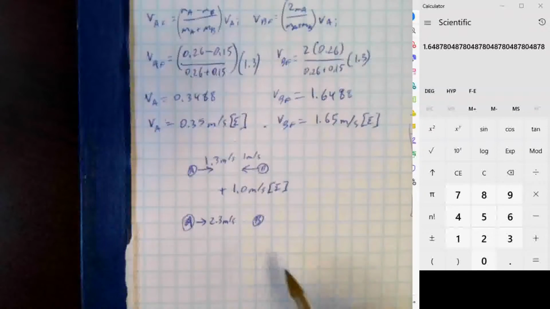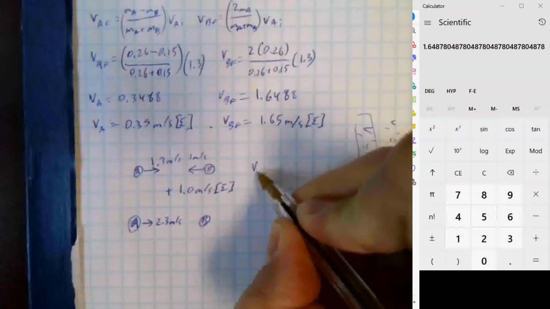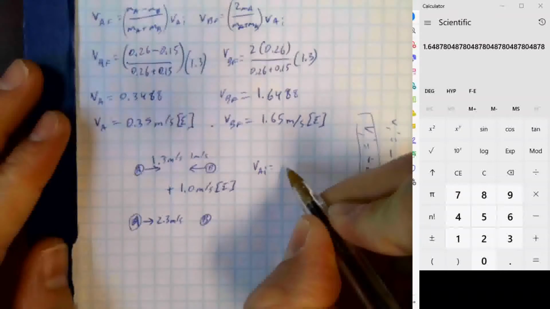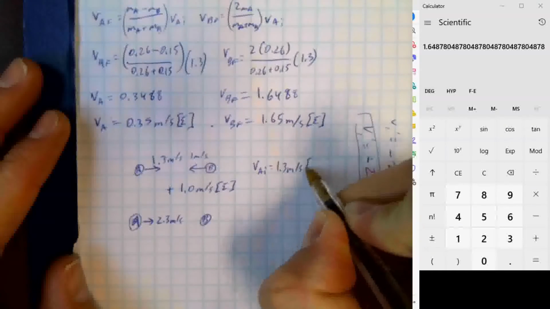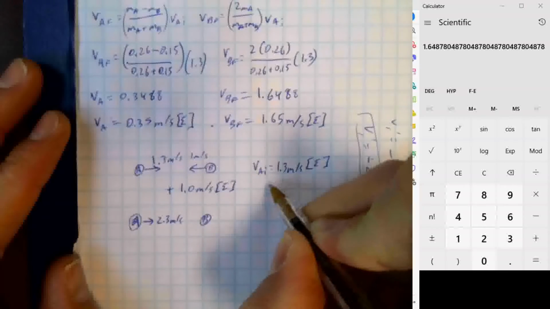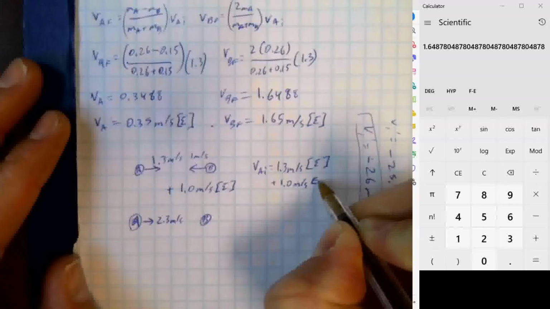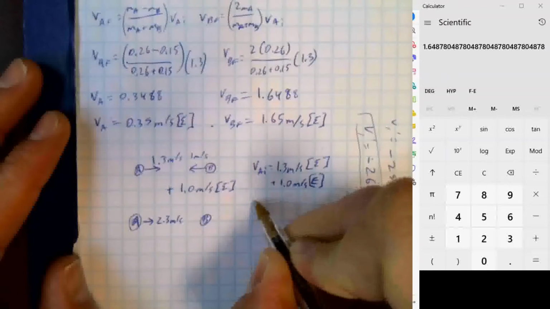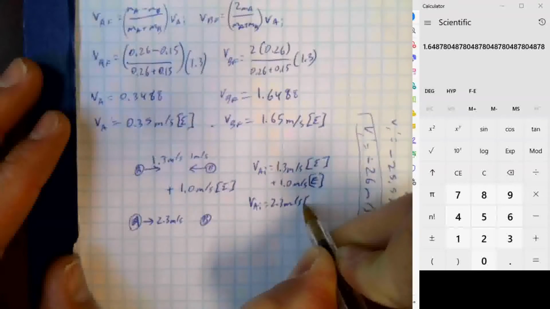Now, what this means for our givens: our VAI is 1.3 meters per second east plus 1.0 meters per second east. So our VAI is 2.3 meters per second east.